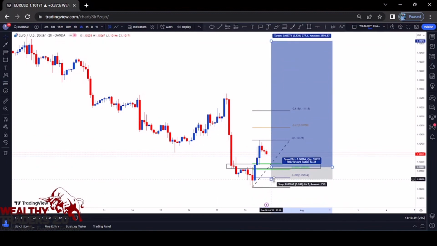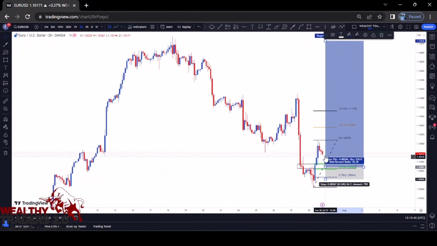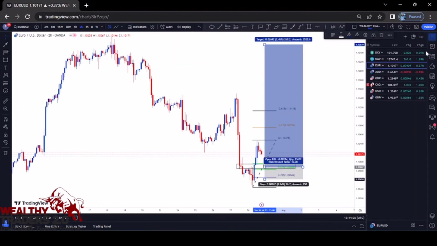I'm going to be waiting for the market to come and test my 50 and 61.8 level before going to the upside. And I'll be having a 1 to 10, so meaning I'm risking 1% of my account to get 10%. You know, so I just want to show you how everything correlates with each other.